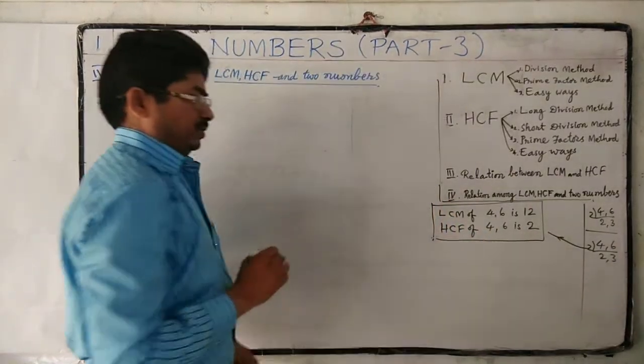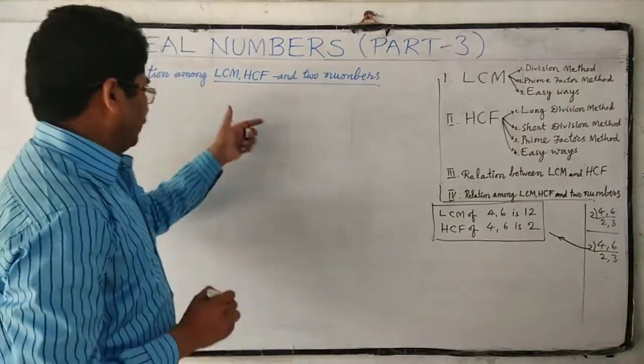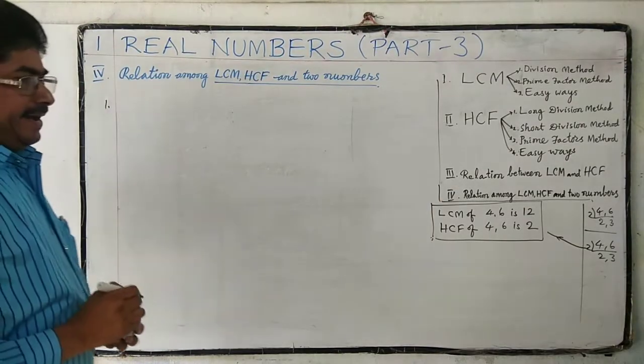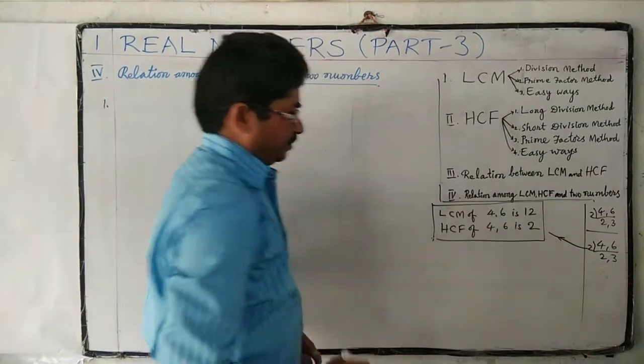By observing these results, we can identify these relations now. The numbers are 4, 6.